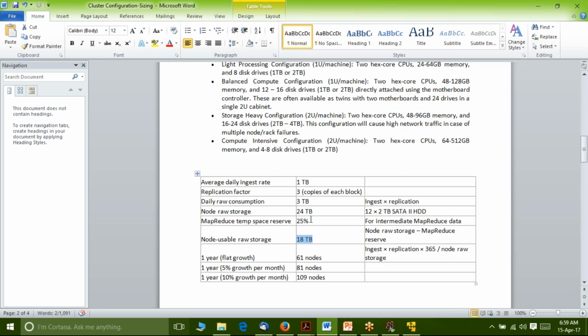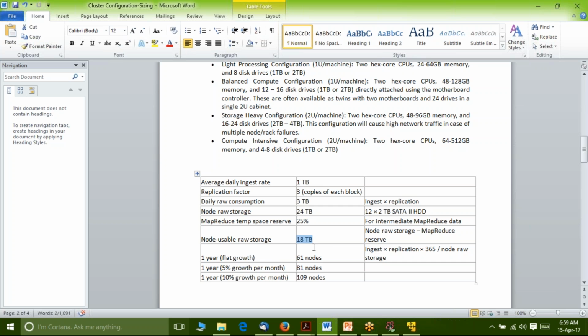So how many days of data can be stored in one node at a daily ingestion rate of 1 TB and 3 TB of raw storage needed? 6 days, right? Yes. So each day we require 3 TB of storage space on the cluster.